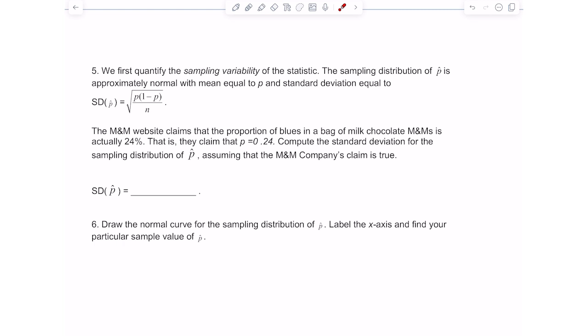So instead of using p and q, we're going to use p hat and q hat, because we rely on our point estimates, our p hats, to get us close to the standard deviation of the population. And we call that a standard error. It's not an error as in a mistake, but it's the standard deviation based on the point estimates or sample proportions we have, instead of using the population parameter.